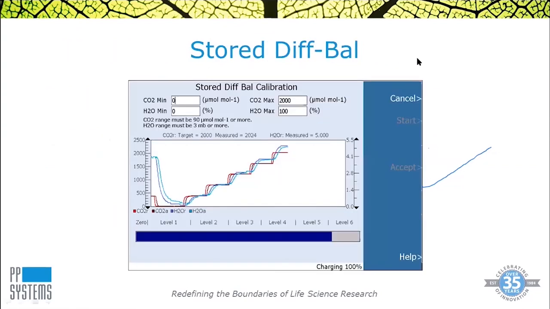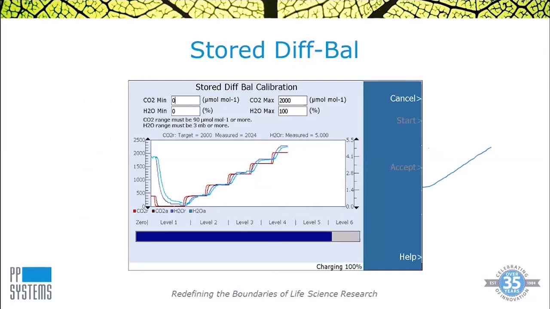There's a stored differential balance on the CIRAS-3, which stores the information about how the sensitivity of the instrument changes with background CO2 concentration and background water vapor concentration. The usefulness of this is in the post-processing of the data.